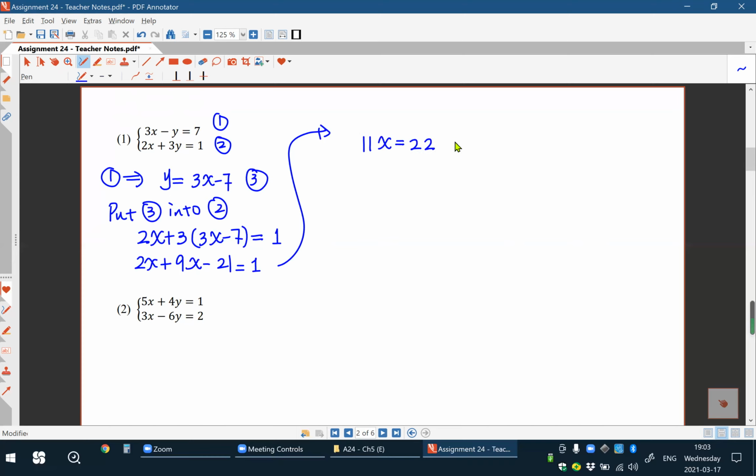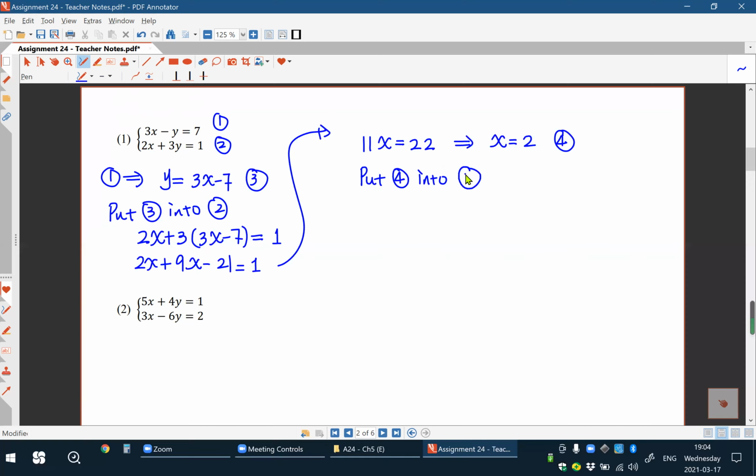So what is x here? Of course, x is 2, right? Okay, so you know that x is 2. Let's label this with number 4. Then we can put number 4 into either equation 1 or equation 2 or equation 3. So 3 makes it easier.